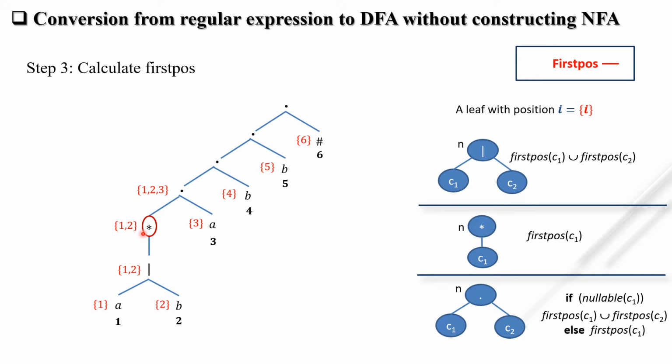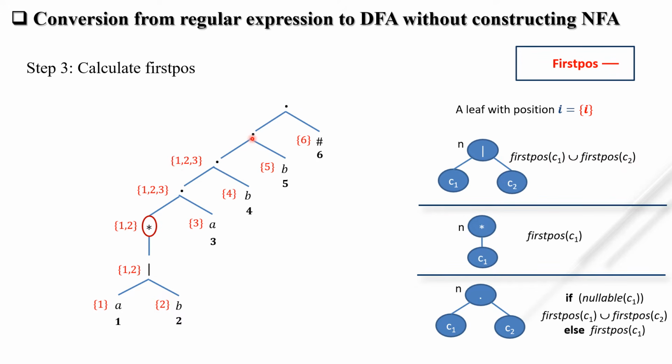In the earlier case C1 was nullable, that's why we used first position of C1 union first position of C2. For this concatenation symbol C1 is not nullable, that's why we go to the else part and pick the first position of C1. So the answer is 1, 2 and 3.